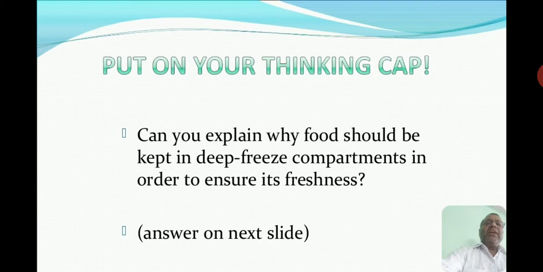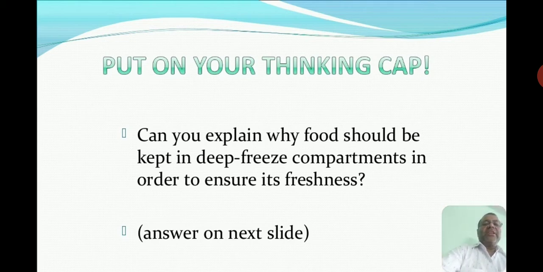Now come to the next slide. It can be made very clear through an example. Just think, why do we keep food in a freezer? When we keep food in a freezer, what happens? It does not turn stale, it does not go bad. Why? Because the rate of reaction decreases.